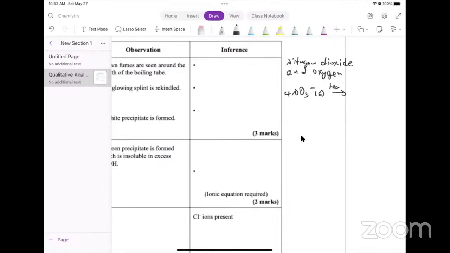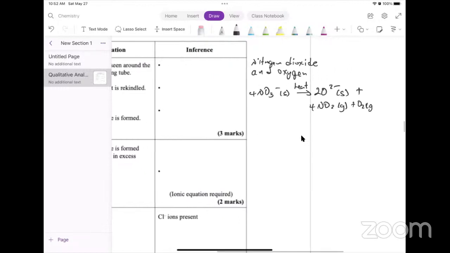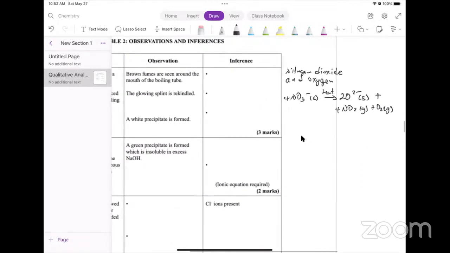And as this is a solid, that's why I thought it's very important to mention that it is a solid. Okay, so ensure we have that taken down. Plus O2 gas. So it's going to decompose to give you the oxide, the nitrogen dioxide, and the oxygen gas.